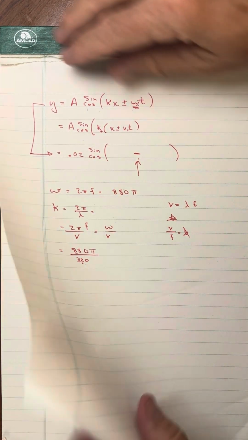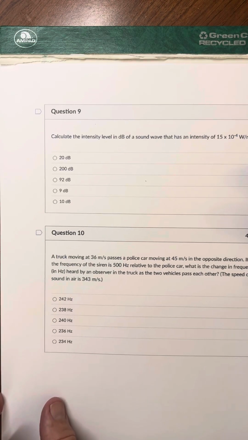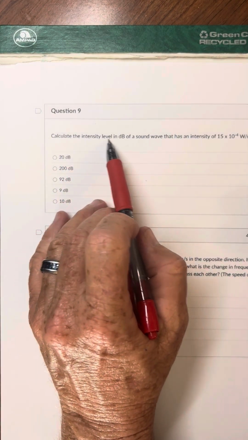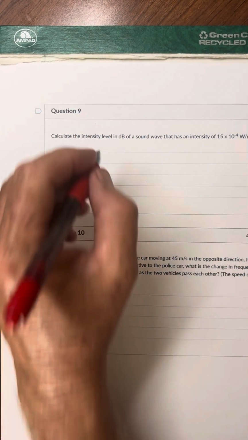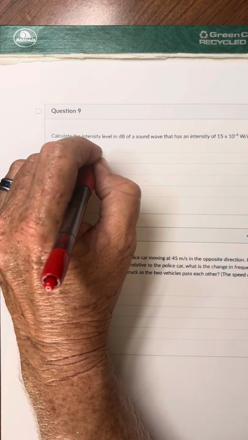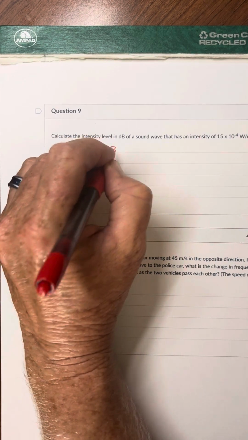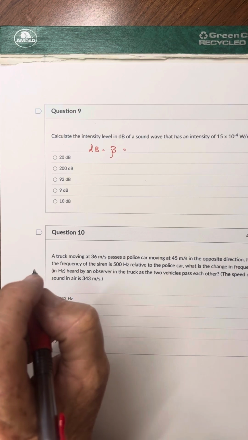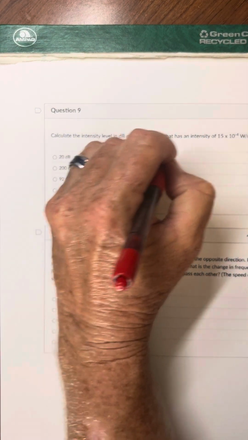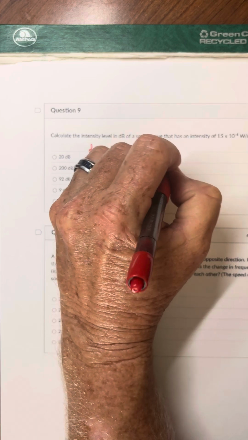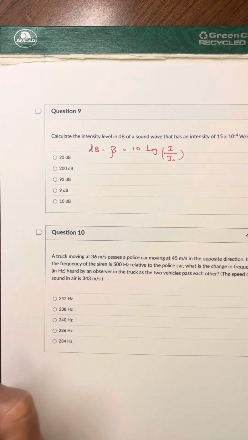All right. Moving along here. Number 9 says what? Calculate the intensity level in decibels of a sound wave that has an intensity. So in decibels, sometimes using the symbol beta, would be 10 times the log of the intensity divided by what we call its reference intensity.